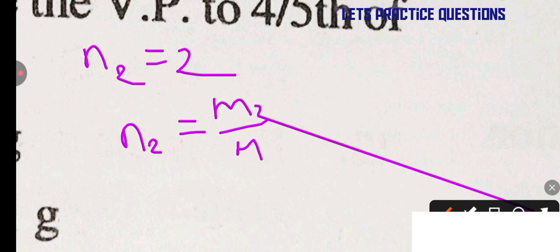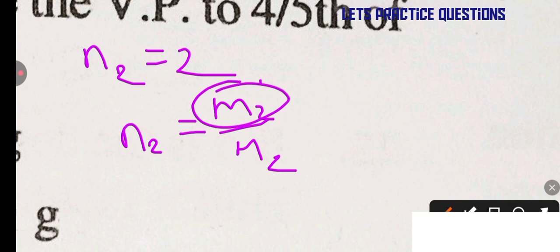Here we can also calculate the mass of the solute. Number of moles of solute is equal to mass of the solute divided by molar mass of the solute. We have to calculate the mass of the solute, so W2 is equal to N2 into M2.